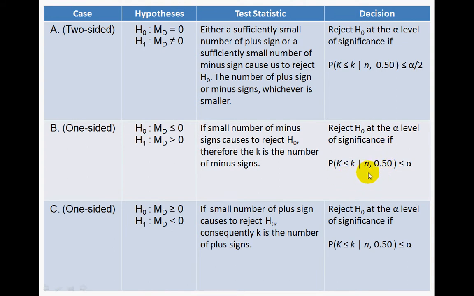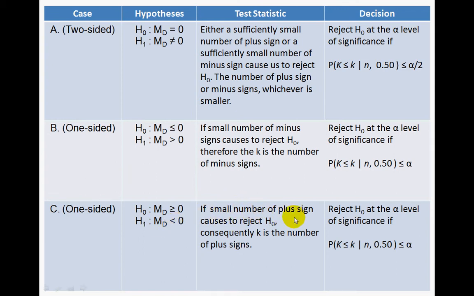Next, case C, which is also a one-sided case. The hypothesis is H0: MD greater than or equal to 0, H1: MD less than 0. For the test statistic, a small number of plus signs causes us to reject H0, consequently k is the number of plus signs.